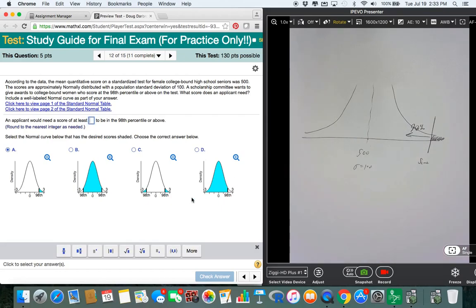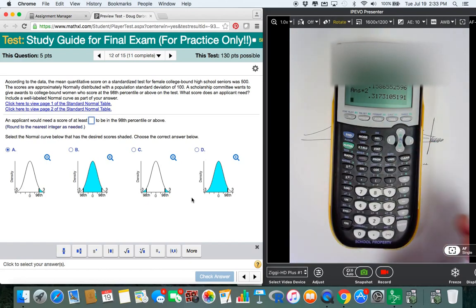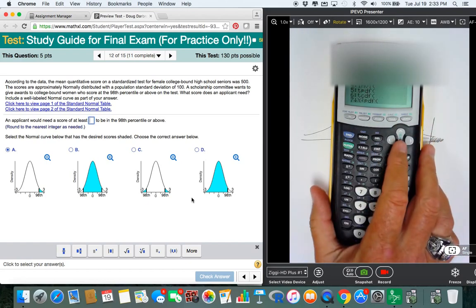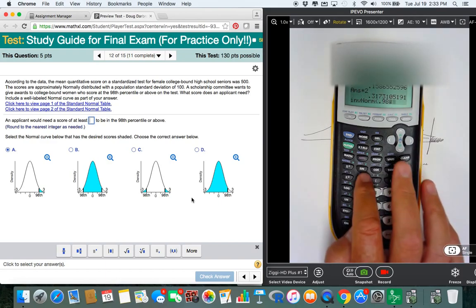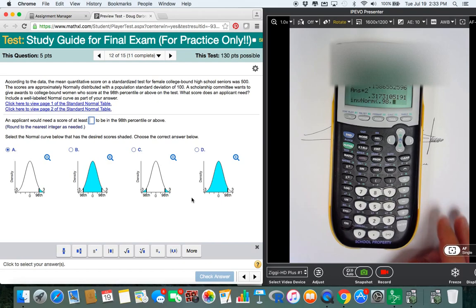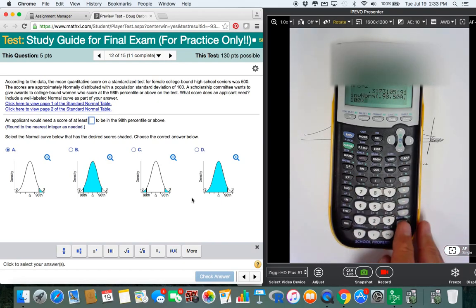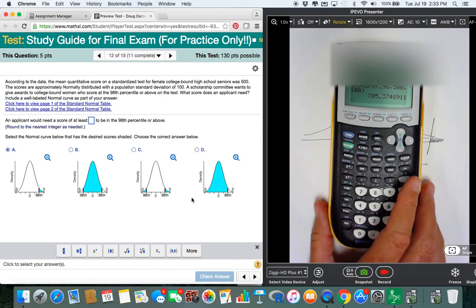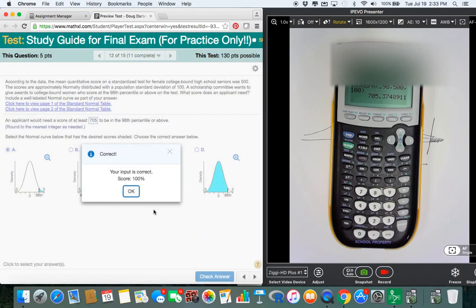Guys, I'm going to let my calculator do the calculations here. So inverse norm, area to the left is 0.98, the mean is 500, standard deviation 100. So I'm looking at, around to the nearest integer, 705. Check answer. Good deal.